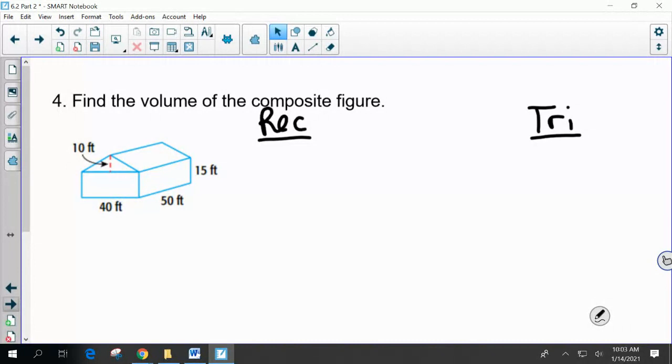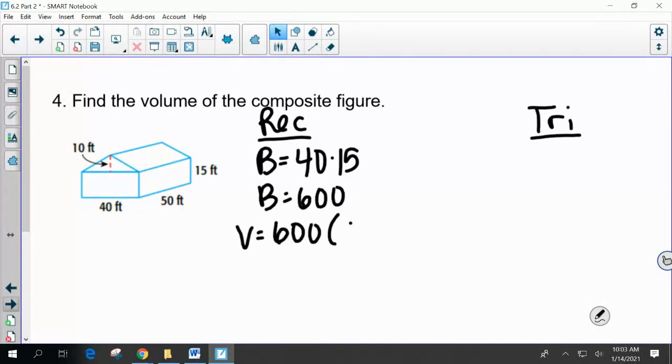So if I do capital B equals 40 times 15, I get capital B equals 600. And then my volume would be 600 times 50, which is 30,000.